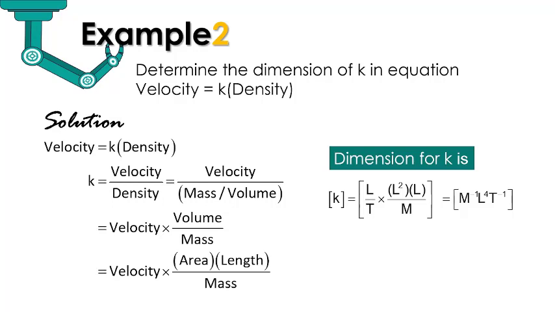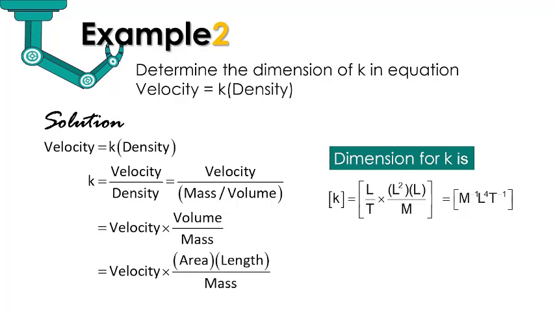As we know, density is equal to mass over volume and can be replaced in the equation. Thus, k is equal to velocity times volume over mass.